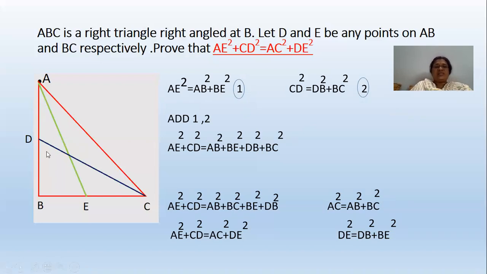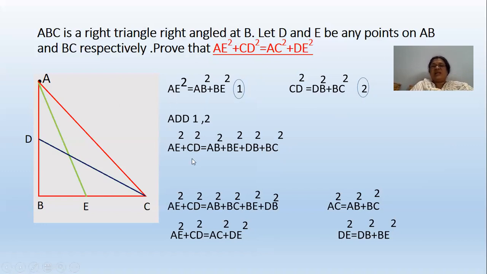Again, when you take triangle BCD, you can write CD square as DB square plus BC square. So when you take these two equations as 1 and 2 and add, on the LHS you can see only AE square and CD square. We don't need AB or BE or DB or anything as such on the left hand side. So you have to add these two like this.